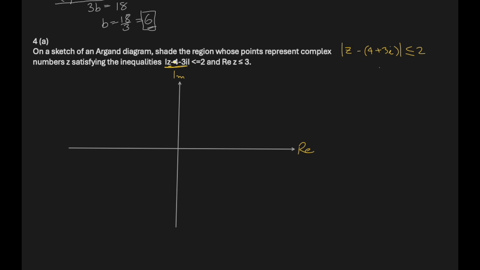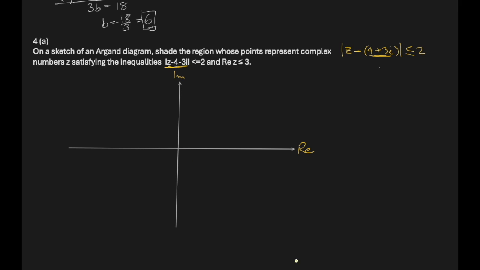What did I do? I separated this Z from minus 4 minus 3i. Whenever we separate, we must write a minus because Z is in reference with this. If I open up, I get back this thing. So 4 plus 3i becomes our reference from where Z is 2 units or less away.